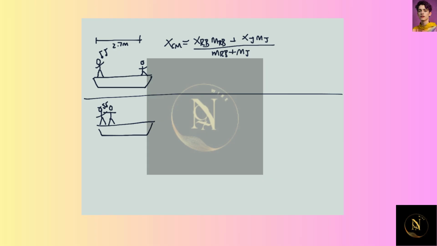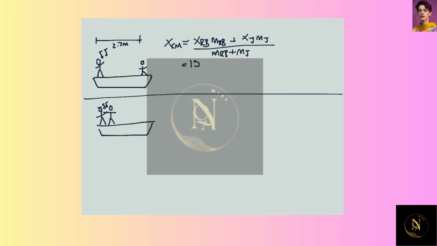Now putting in all of these numbers will yield the following XRB. We do not know Romeo's initial position. We do know his mass. His mass, him and the boat, is 157 total.